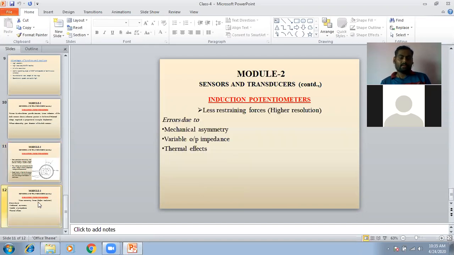Lastly, these induction potentiometers have less restraining force with higher resolution, though some errors occur due to mechanical asymmetry, variable output impedance, and thermal effects.